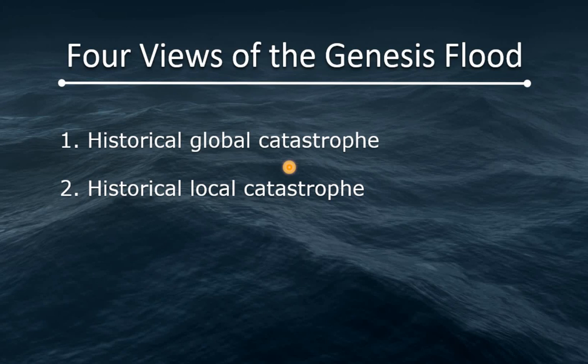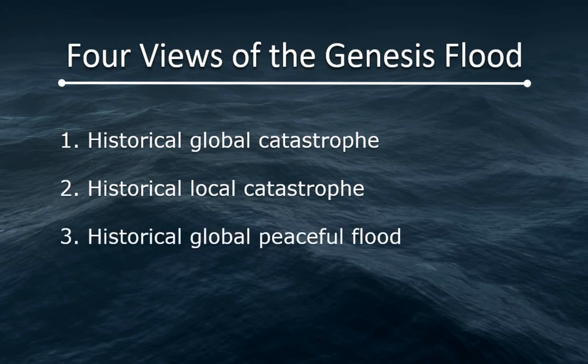This view held that the flood really happened in time-space history, but it was localized just in the Mesopotamia Valley, in the valley of the Tigris and Euphrates River near modern-day Iraq. And they held that it was described in Genesis, but it was exaggerated language.